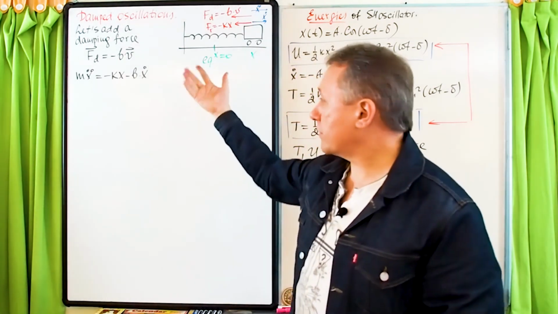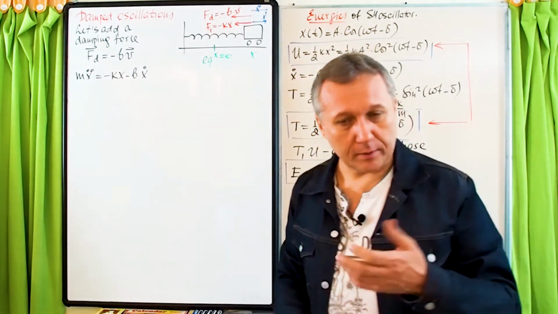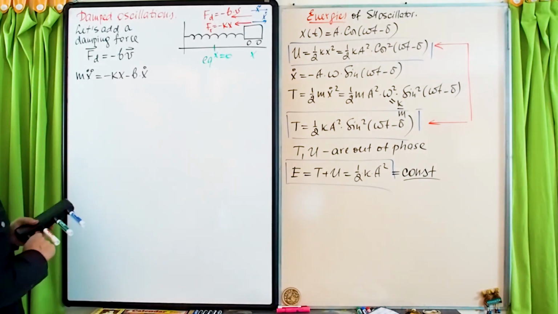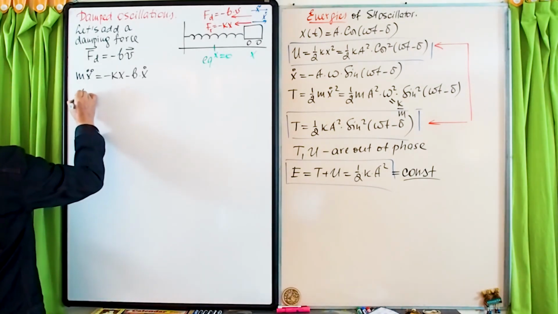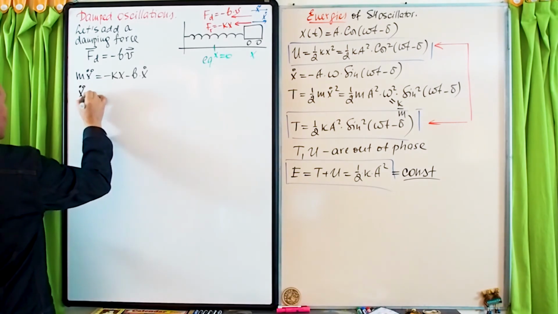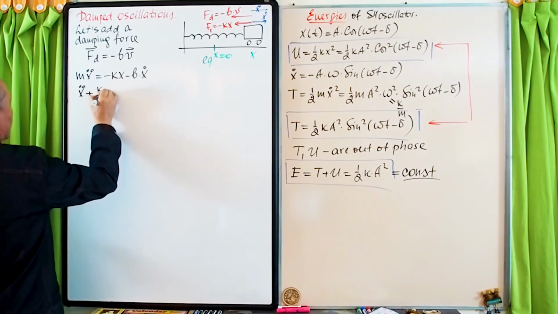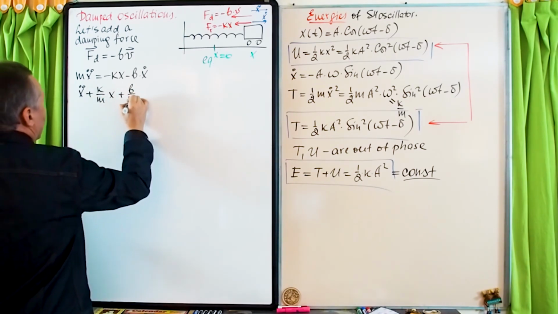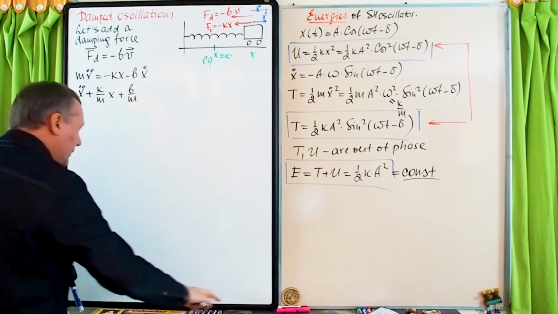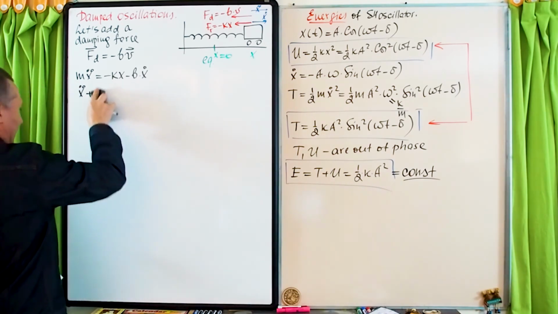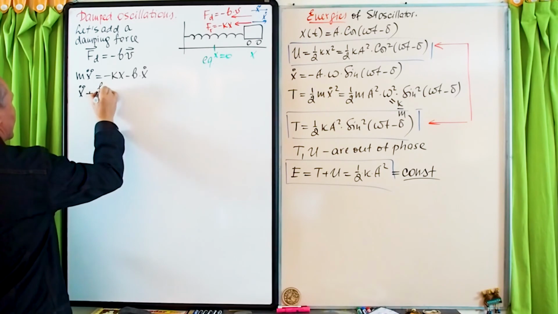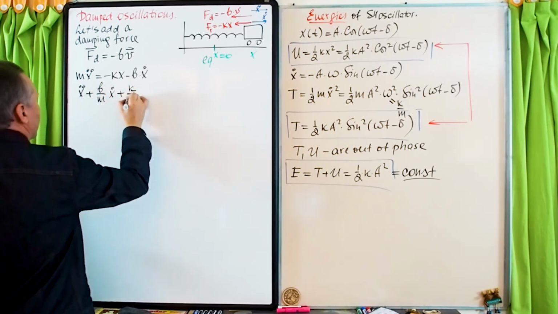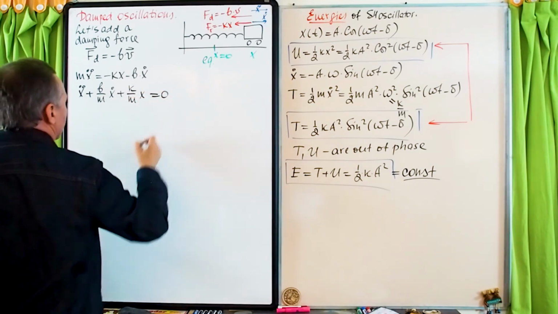So b, of course, characterizes the strength of this damping force. Let's rewrite it quickly. x double dot, let's move everything to this side, plus b over m x dot plus k over m x equals 0.